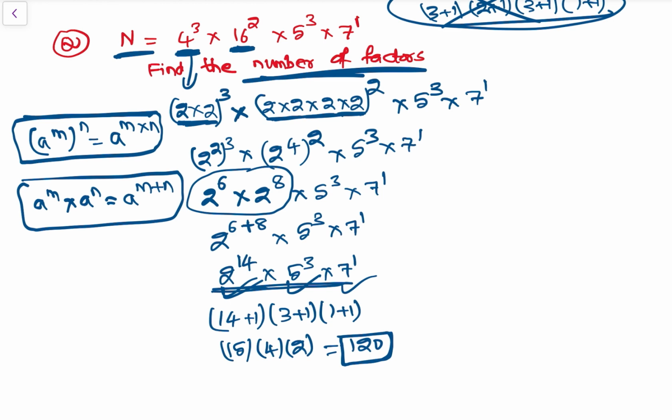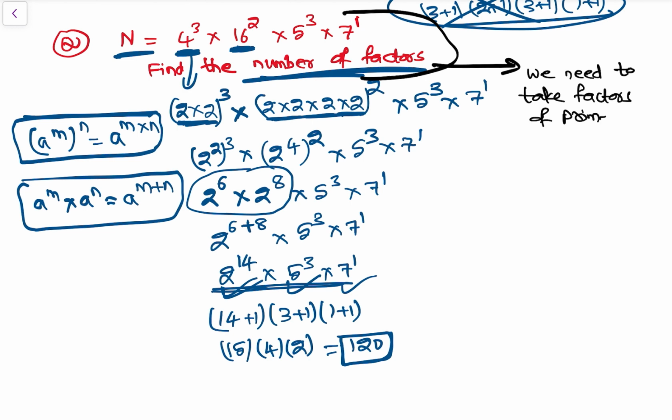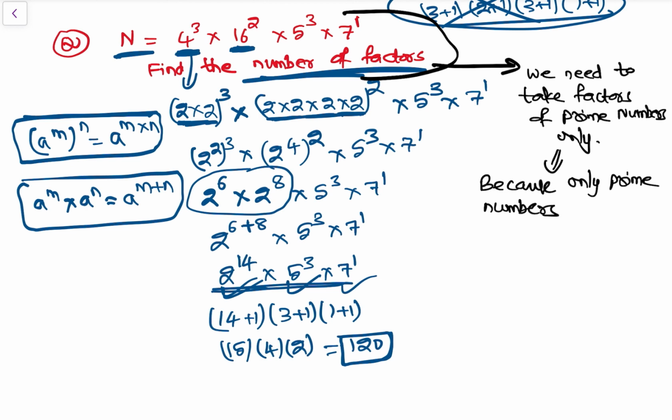Here one thing you need to note down is that we need to take factors of prime numbers only. Now why? Because only prime numbers can't be further divided.